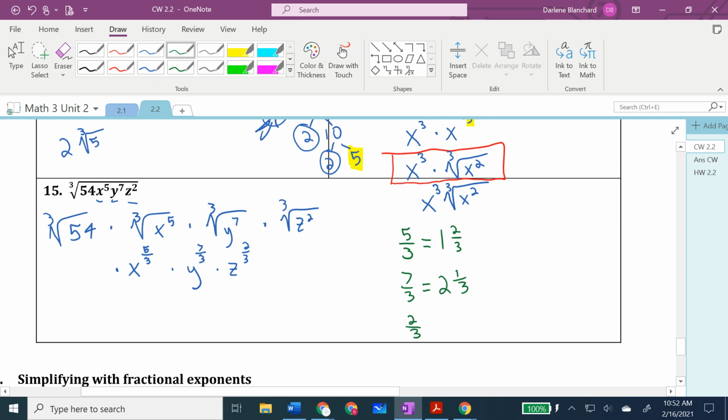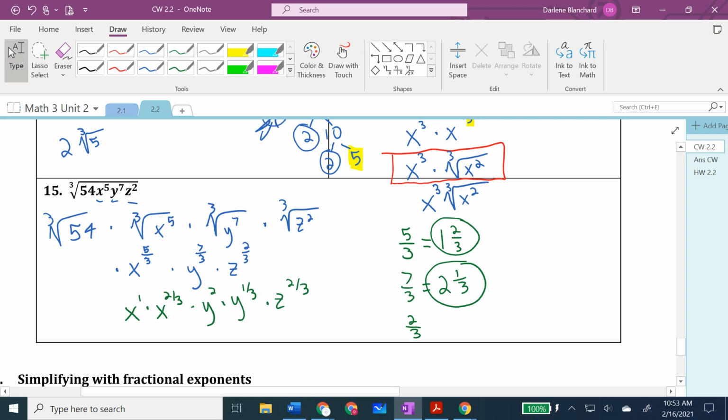So when I go to write these in root notation, this means I have x to the power of 1 times x to the power of 2/3. y squared times y to the 1/3. And then z already a proper fraction.